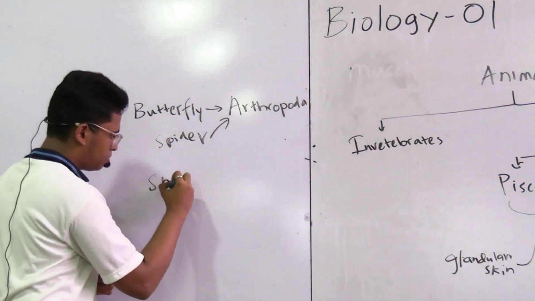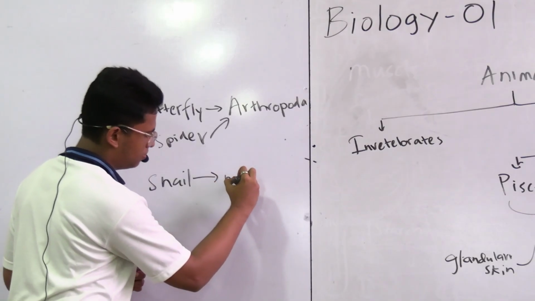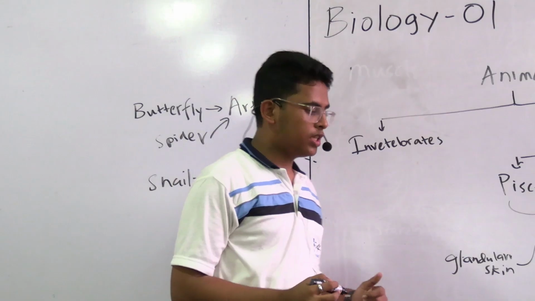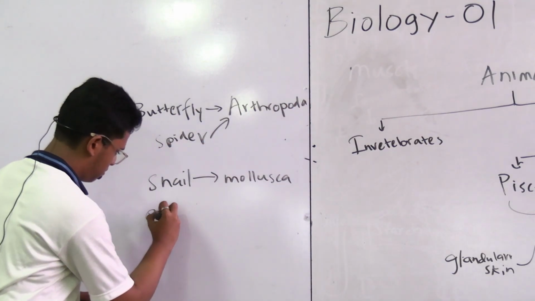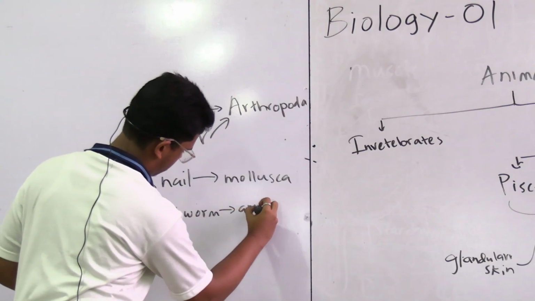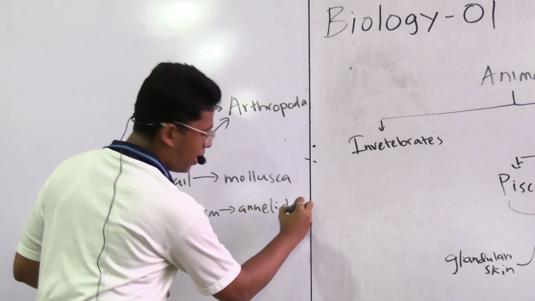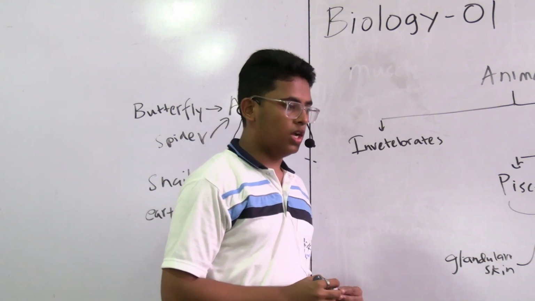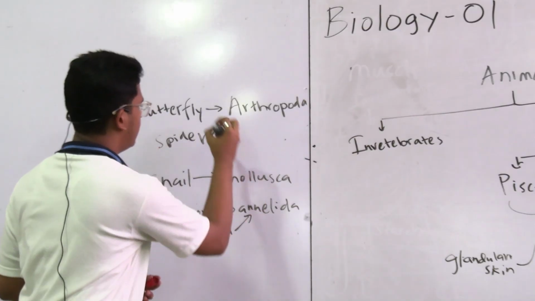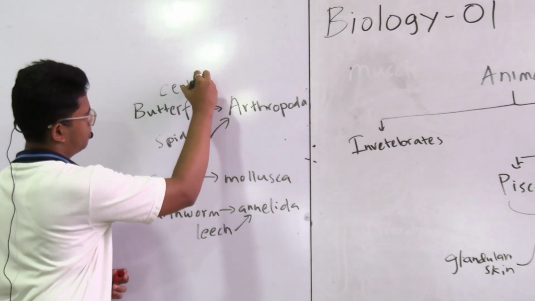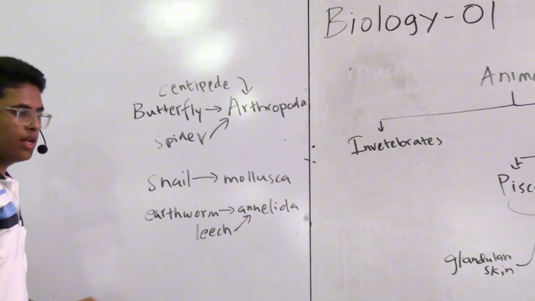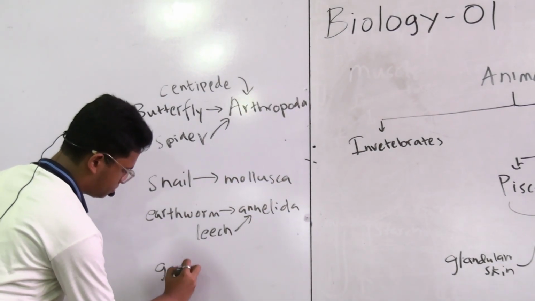Snail belongs to Mollusca. Right? Earthworm belongs to Annelida. Leech also belongs to here. Leech is also annelid. And centipede. Centipede is also an arthropod, insects, right? And gecko is a reptile.